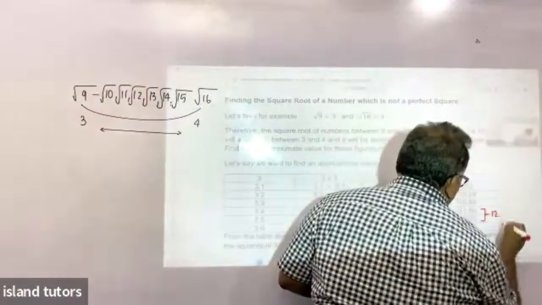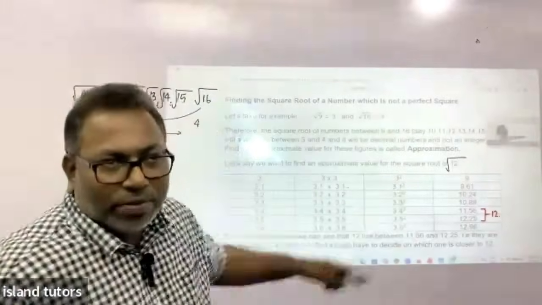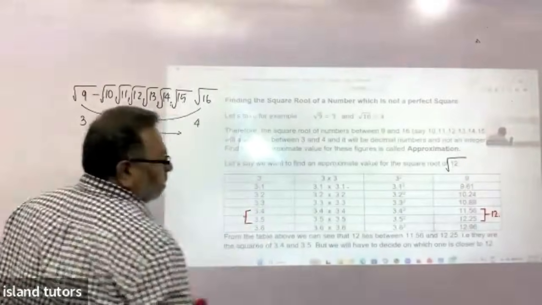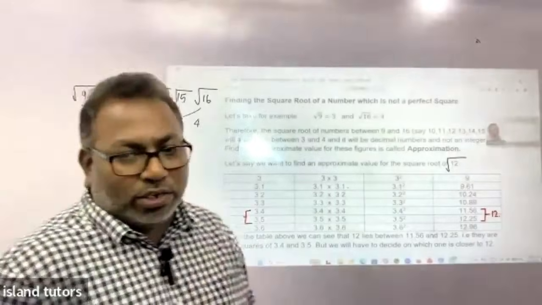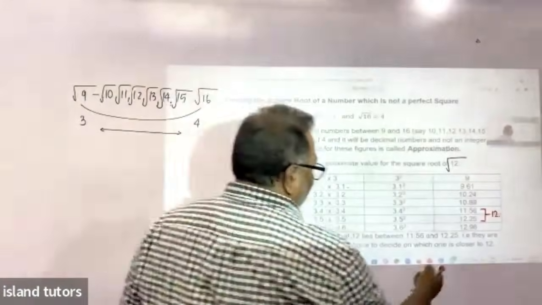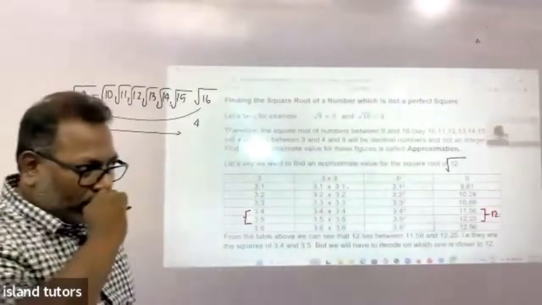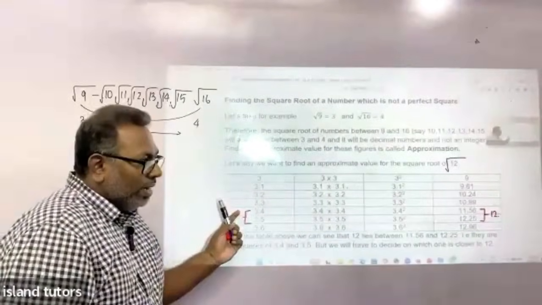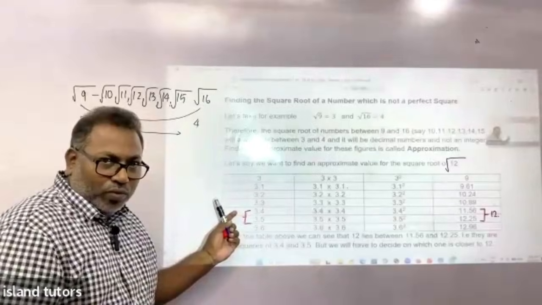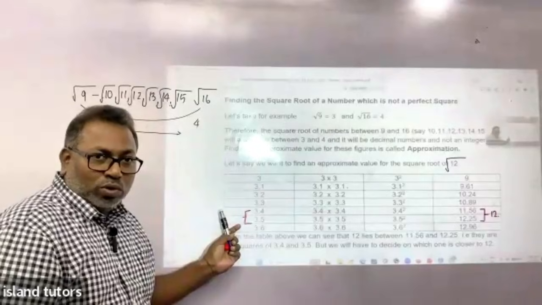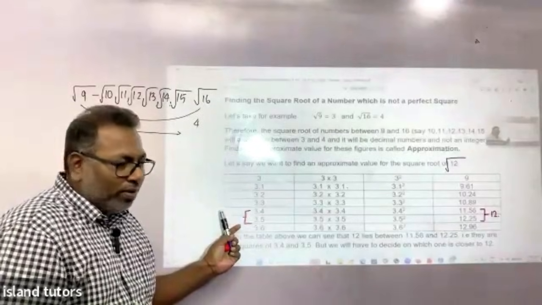Between 11.56 and 12.25. Can you see? 12 is between 11.56 and 12.25. So 11.56 is 3.4 into 3.4. 12.25 is 3.5 into 3.5.